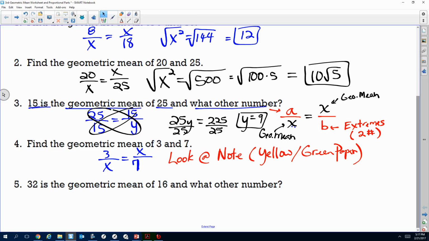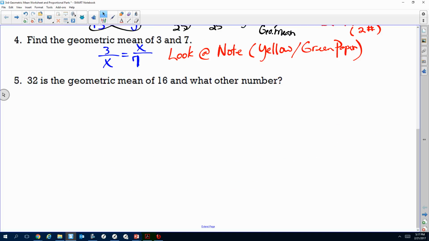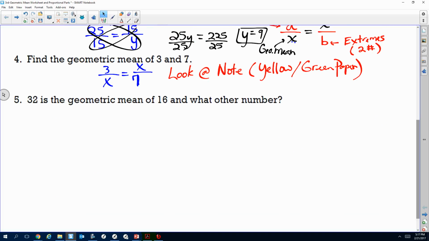Alright, so now 5 is requiring us to work backwards again. So I'm going to extend the page just a little bit. It says 32 is the geometric mean of 16 and what other number? So remember, 32 is the geometric mean.